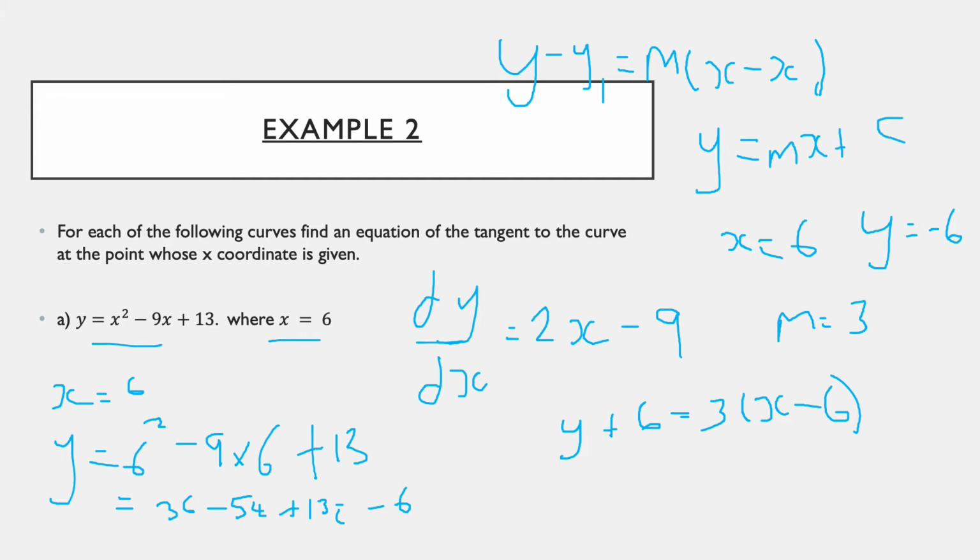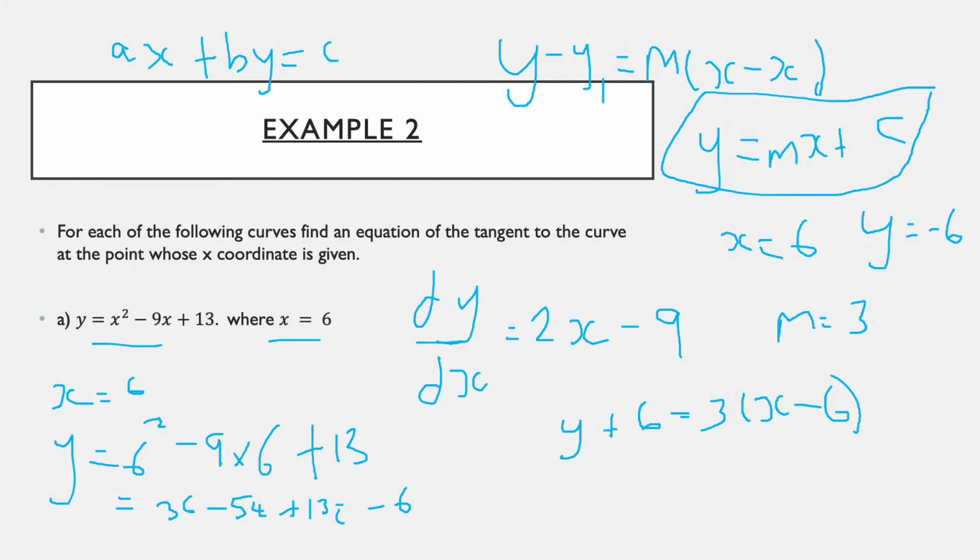Now I know for the Edexcel and the AQA spec, sometimes it's in the form ax plus by equals c. So it is just recognizing how to rearrange the equation into that form. But generally speaking, it will always be in the form y equals mx plus c. I am aware that other exam boards like Edexcel and AQA will ask for different forms, ax plus by equals c or bx plus ay equals c.